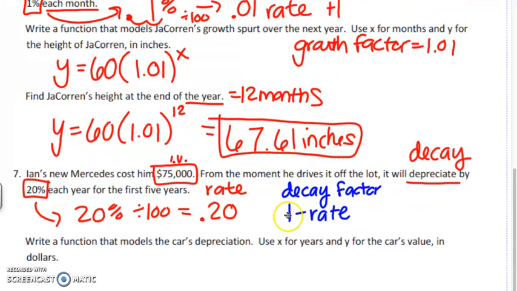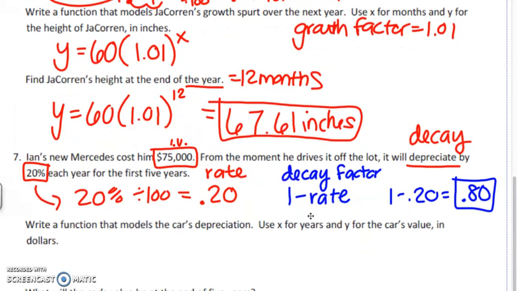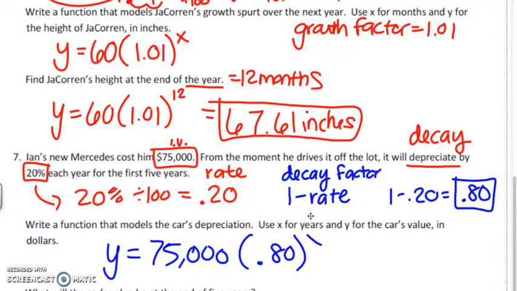If it's decay, you're going to do 1 minus that number. So I would do 1 minus 0.20 to get 0.80. Okay, so that is the number that's going to go in your parentheses. So when you write a function, you're going to start with that $75,000 he did, but you're going to put 0.80 into your equation.